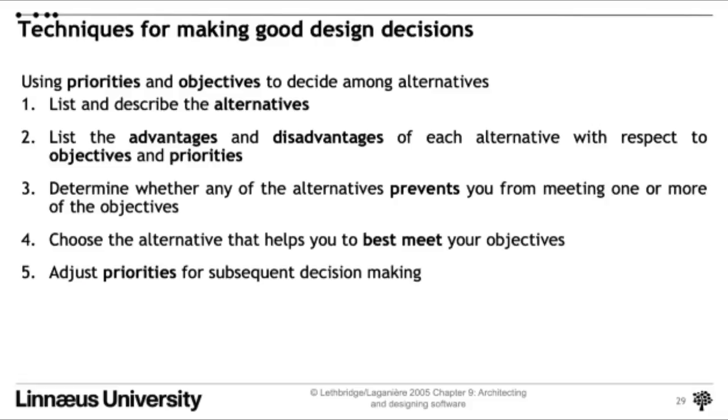As we said before, a journey within the design space is a step-by-step decision-making process. Whenever we make a decision, let's adjust the priorities for the next steps. And that's all for this.